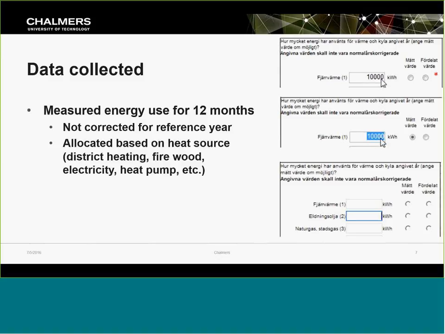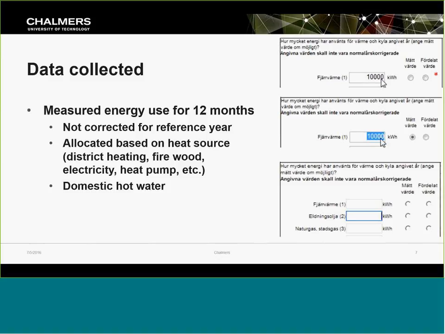The energy use should also be allocated based on the heat source. If it is district heating, if it is a wood fire stove somewhere in the building or the property, if it's heated by electricity, for instance by a heat pump or direct electricity, this should also be entered into the database, so we know which kind of heating is used and the distribution of the different heating sources.